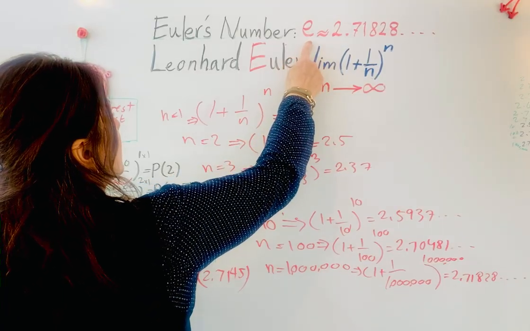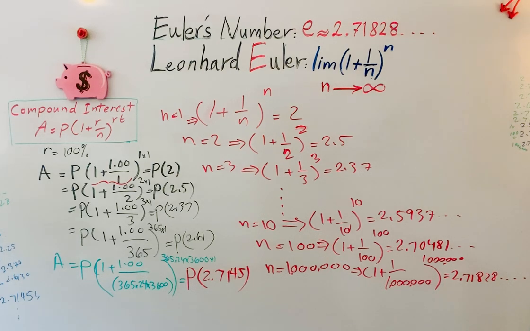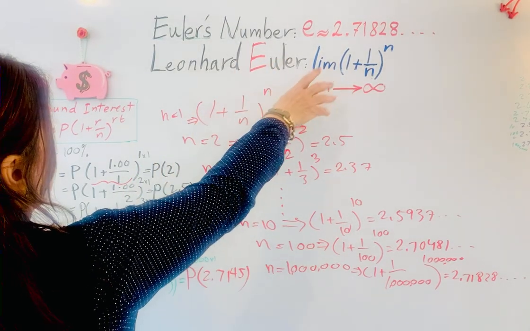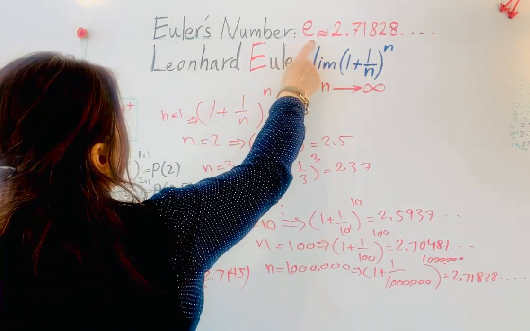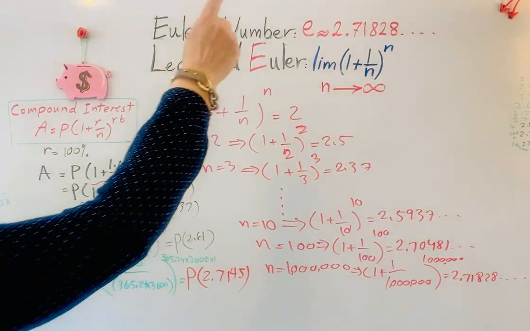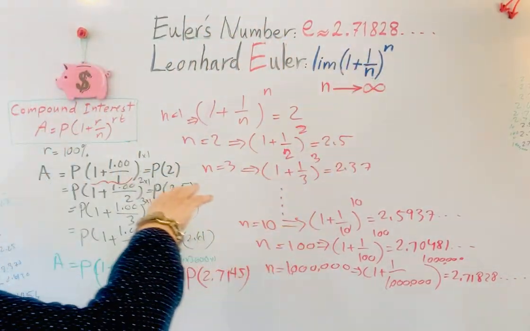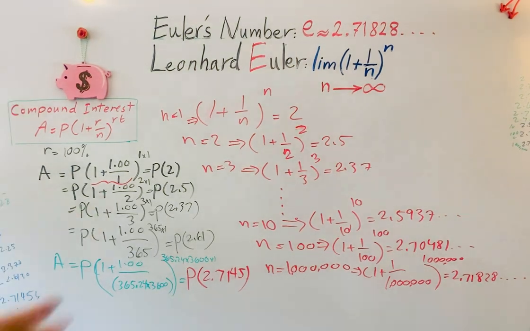This E, the Euler number, is one of the most important numbers in mathematics, and you are going to work with it many times, especially when you start studying logarithms or natural log and other things, because when you graph an exponential function like this one, you see that the graph of E is exactly the inverse of the log function.